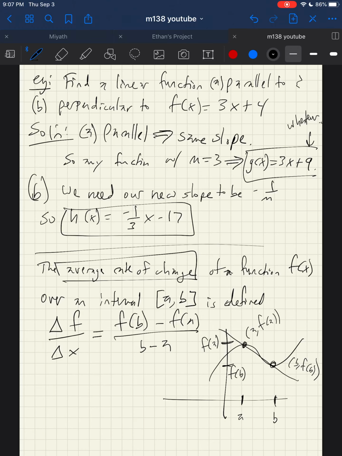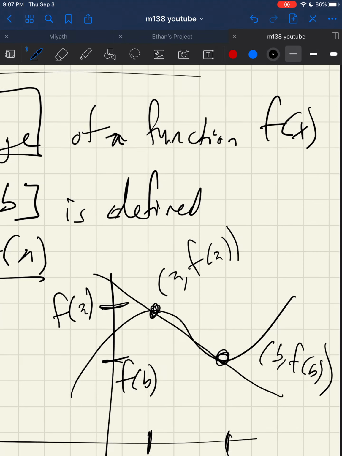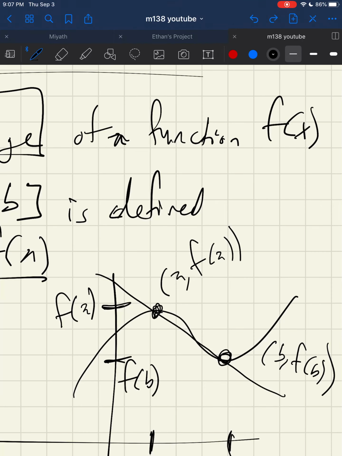Now we notice that the function is curvy in here. It's wigglier than that line, but that line approximates the function between those two points, and we will say that it's kind of averaging the behavior.